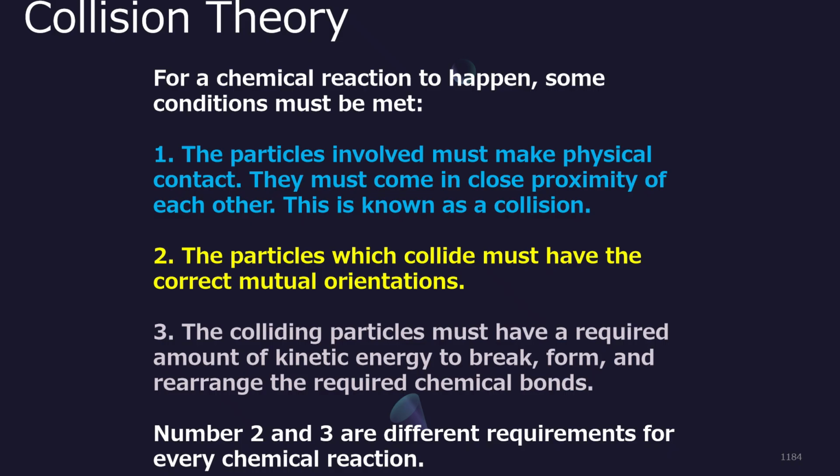Okay, third, the colliding particles must have a required amount of kinetic energy to break, form, and rearrange the required chemical bonds. Okay, so we can have a collision, but if things are moving extremely slowly, there's just going to be a slight rebound and change of direction. If we want to have a chemical reaction, that means change in chemical bonds.